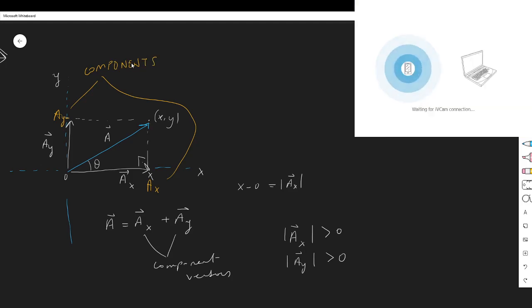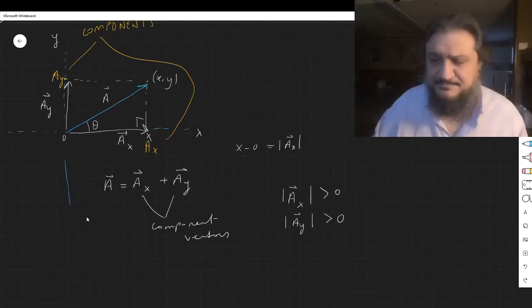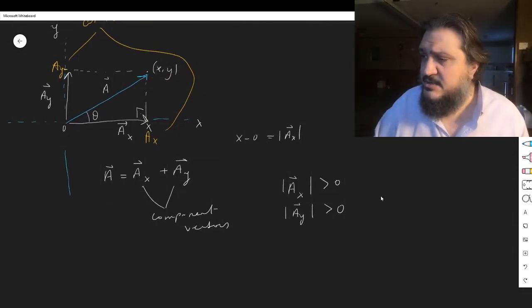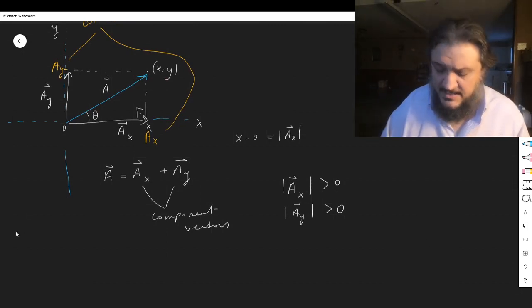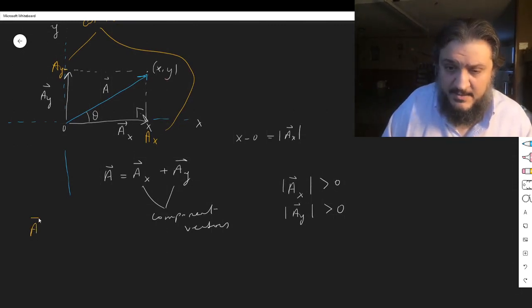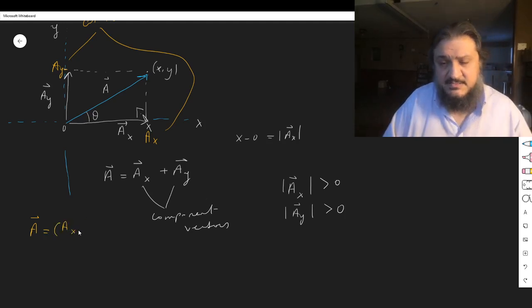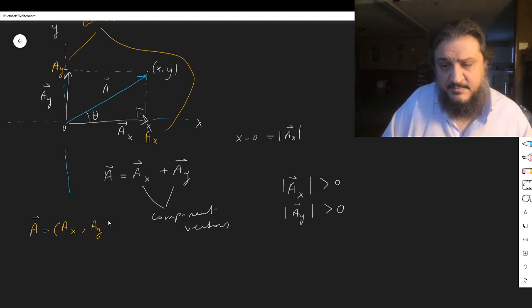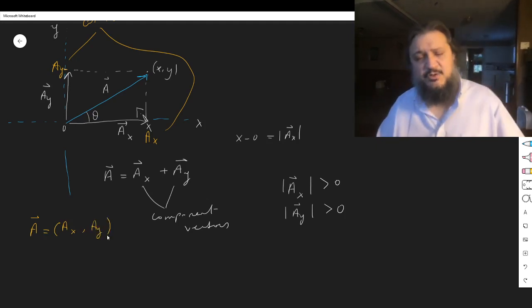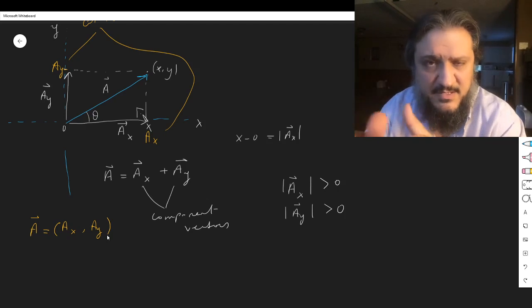Sometimes you can use the notation where for a vector you use parentheses and write AX, comma, AY. I don't use this notation that often, but it's in the books.